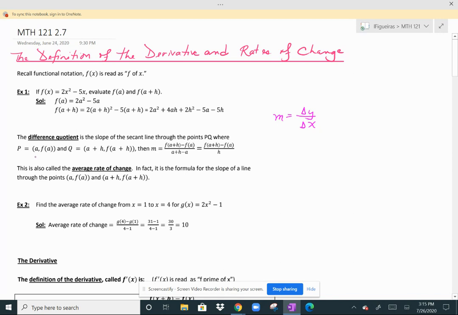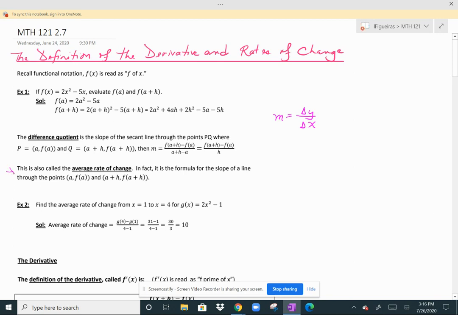So if I let one point P be a, f of a, and the second point Q be a plus h, f of a plus h, then the slope between P and Q would be the change in y, which with this notation would be f of a plus h minus f of a, over the change in x would be a plus h minus a. But the denominator simplifies to just h, so this expression, f of a plus h minus f of a over h, is called the difference quotient of the function.